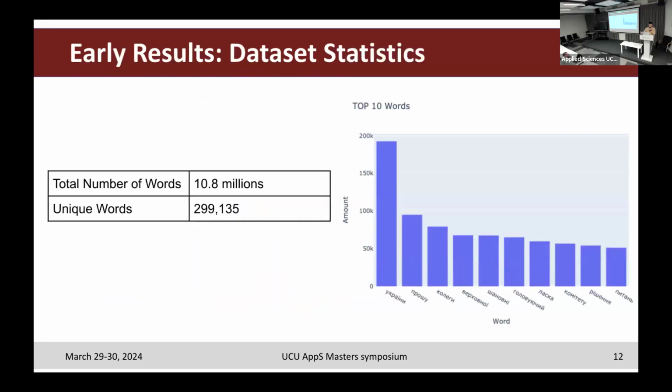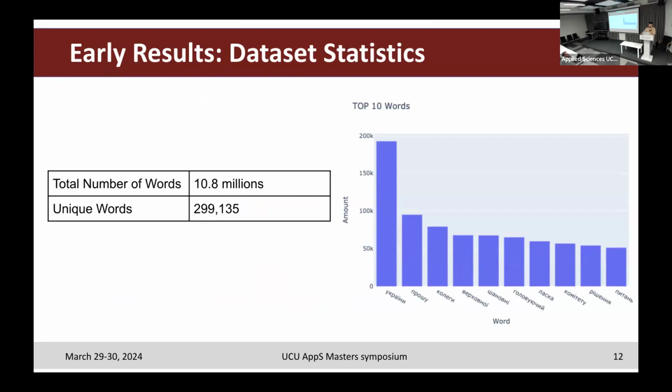Based on the statistics of this data, as I mentioned, we had 936 documents in PDF format. The total number of words in these documents is approximately 11 million, where the unique words are approximately 300,000.